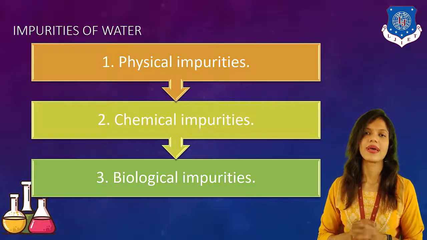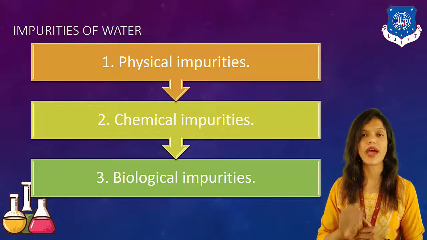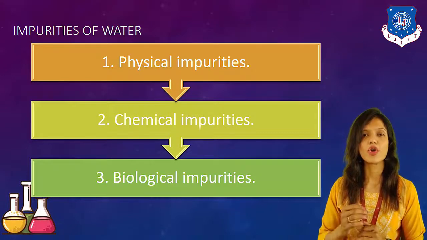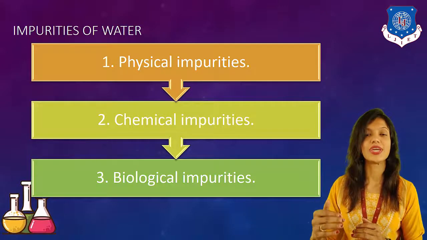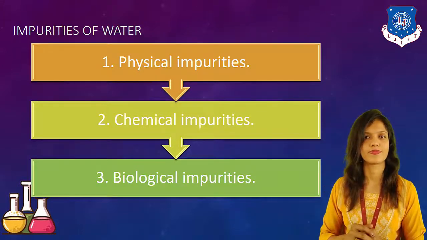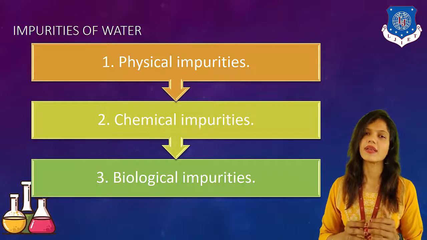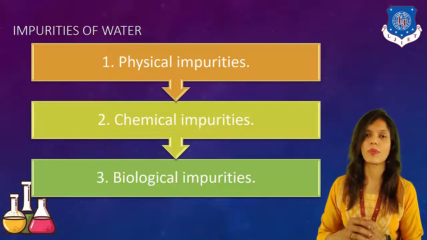These three actually depend upon their properties, because in general condition we have to understand that impurity means a change in the characteristics, a change in the properties of the pure water. When their characteristics change, for example physical impurities, right, that means it can change its physical properties.